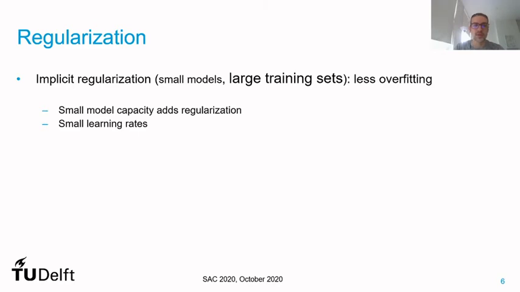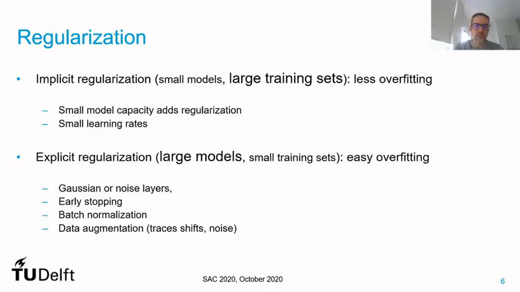Regularization can be divided into implicit regularization, which is more typically the case when we have a small model and a large training set, because in this case the network has small capacity to fit the data, which of course provides less overfitting. It also usually happens when you have small learning rates. So implicit regularization is a sort of natural regularization that the network provides during training because it has less capacity by its shape itself.